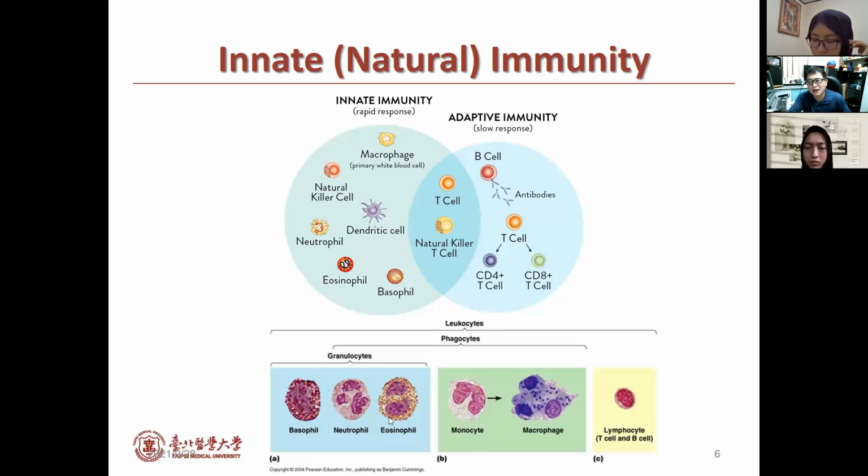Using this methodology, we classify three different subsets of leukocytes, because there are a lot of granules in their cytoplasm. That's why we call them granulocytes, and we also call them PMNs.